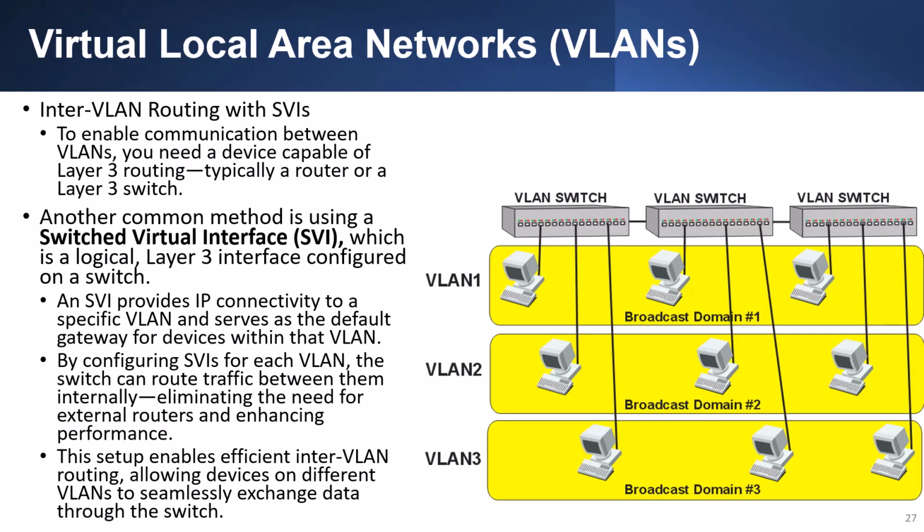By configuring SVIs for each VLAN, the switch can route traffic between them internally, eliminating the need for external routers and enhancing performance. This setup enables efficient inter-VLAN routing, allowing devices on different VLANs to seamlessly exchange data through the switch.